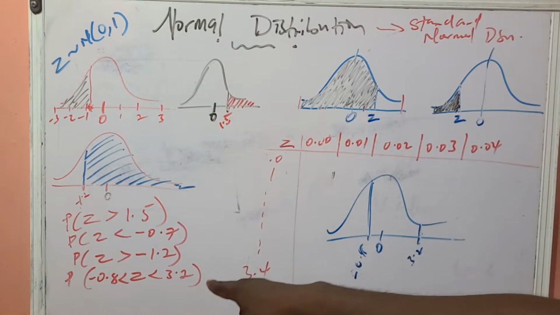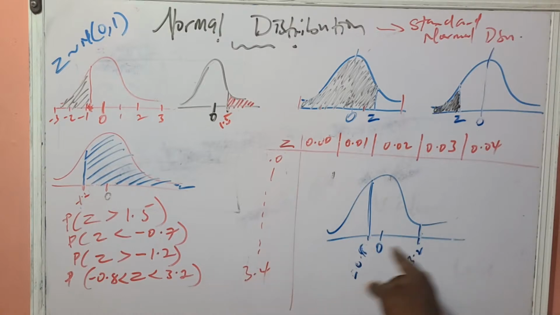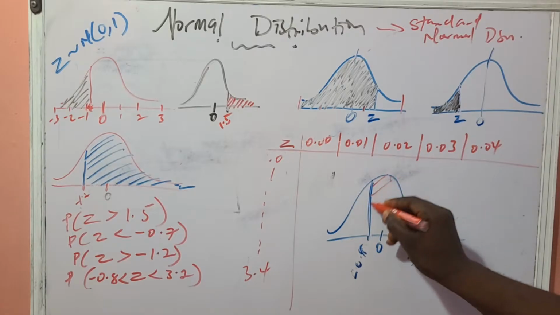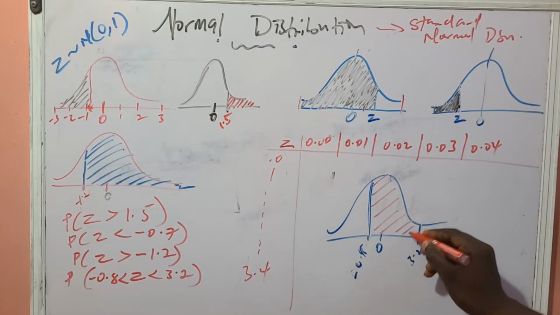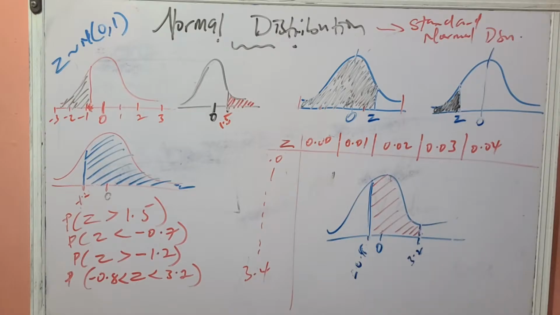But they also brought in another condition and said it was less than 3.2. So obviously, the part of interest to shade is the part between them. You will not go beyond 3.2, and you will not go beyond minus 0.8. So this is the region of interest for shading.